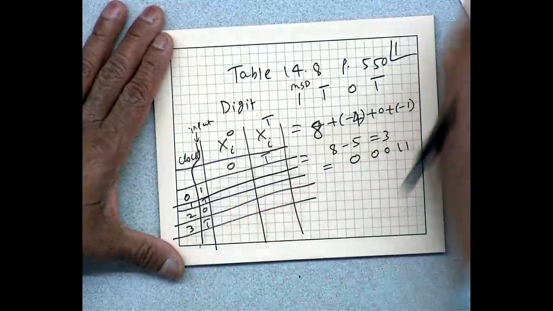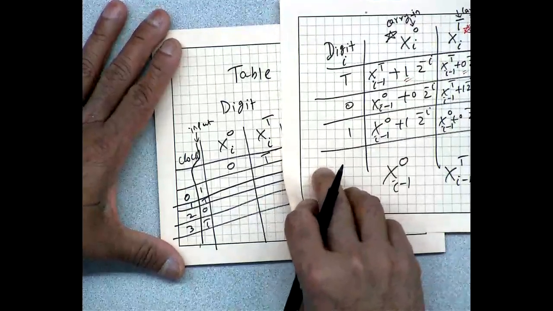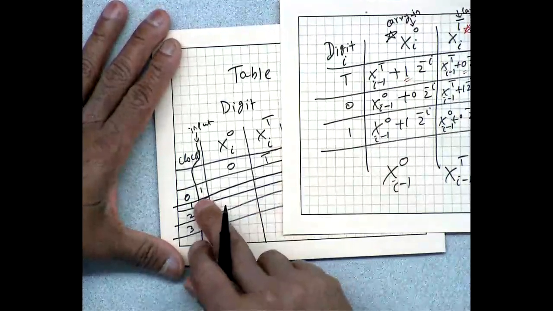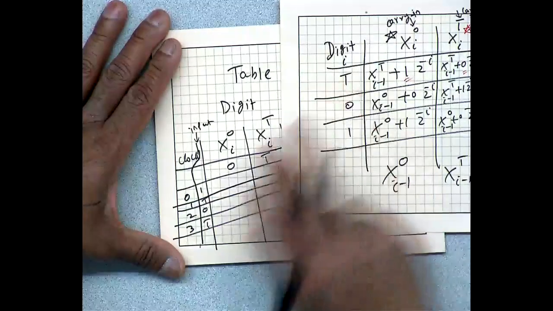So we go back to the table. The input is 1, so the digit now is 1.